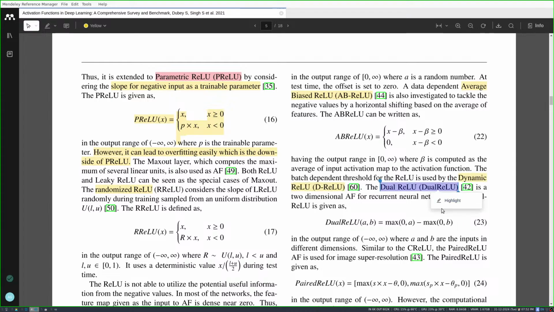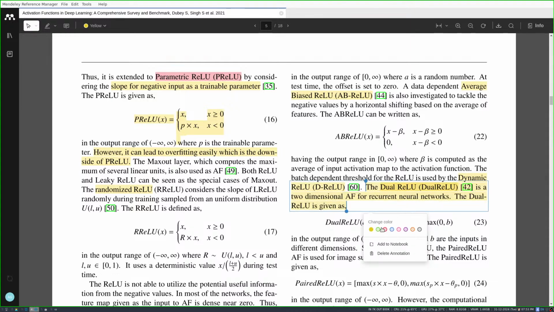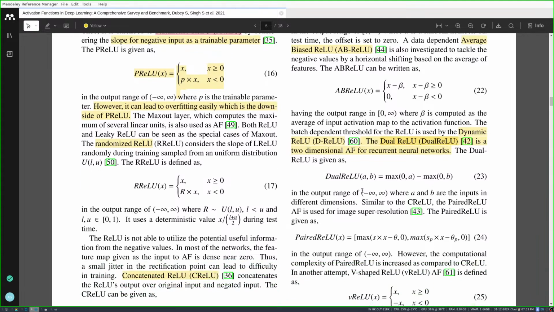Dynamic ReLU and dual ReLU for recurrent neural networks. Dual ReLU: maximum of this minus maximum of this.